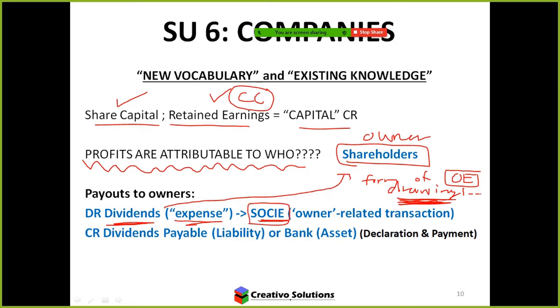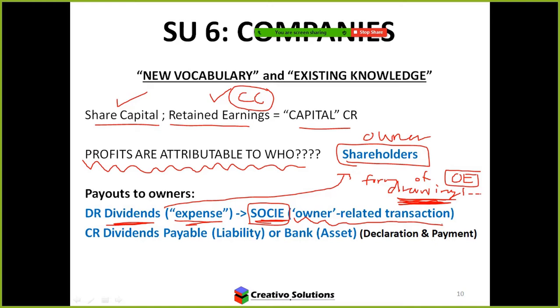But remember, the SOCI is always going to be looking at owner-related transactions. It's always been the case. In partnerships, same thing. We looked at owner-related transactions, so salaries with partners, interest on capital for partners, drawings by the partners, etc. When we looked at members' contribution, when we looked at CCs, same thing applied.